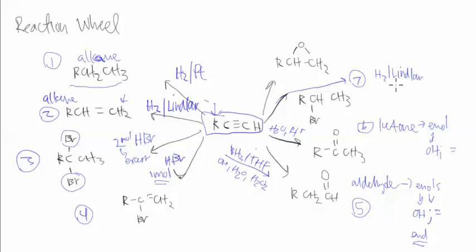And the H2 and Lindlar would take the triple bond and break it to a double bond. And then, once that double bond is formed, I can add HBr onto that molecule. And Br would go to the left, H would go to the right, and my double bond would break to a single. So H2 Lindlar and HBr needs 2 sets of reagents here in order to get that accomplished.